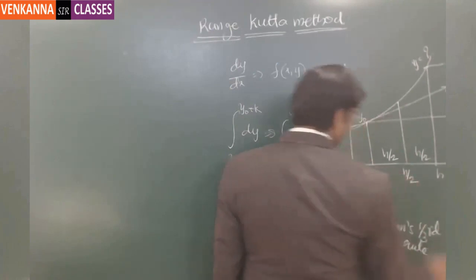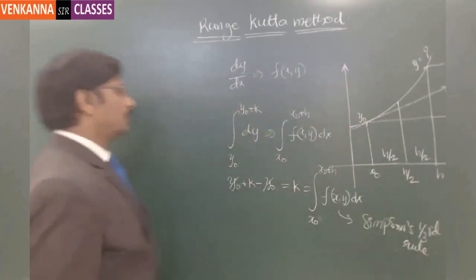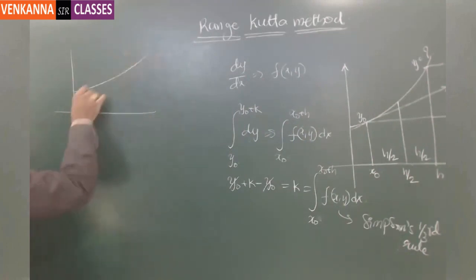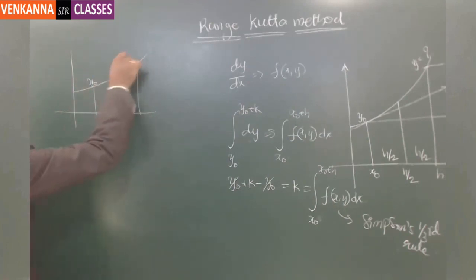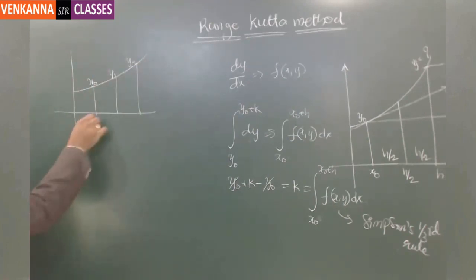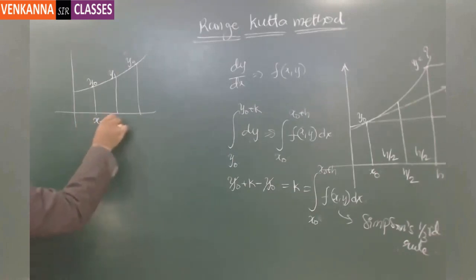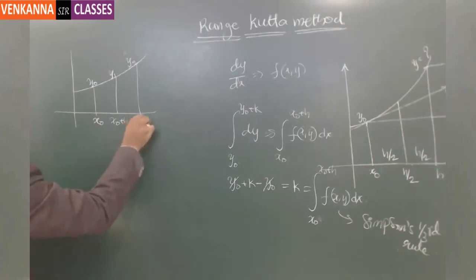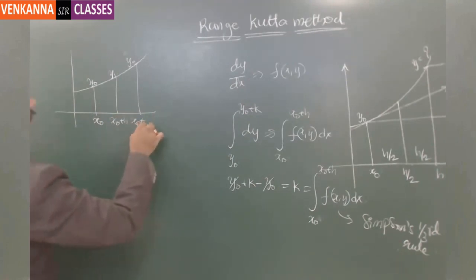In Simpson's one-third rule, for a function of this particular format, if you want to find the area between this point and this point, taking y0, y1 and y2, with x0, x0 plus h, and x0 plus 2h.